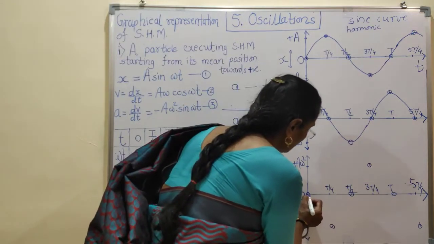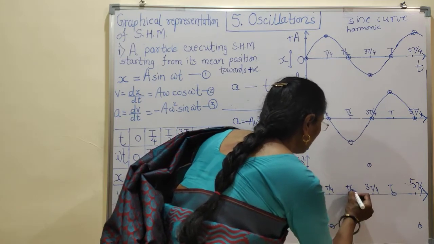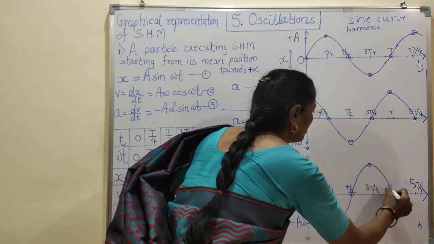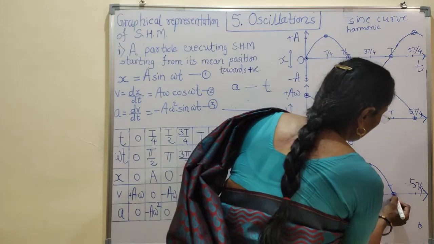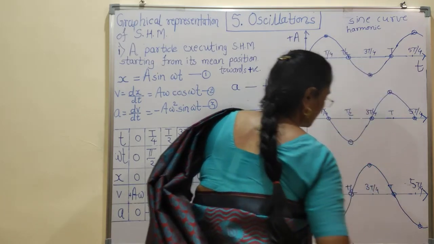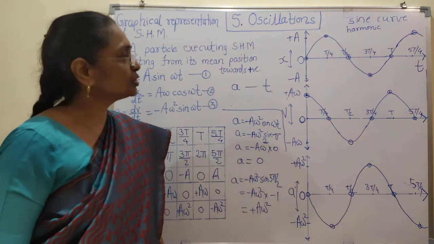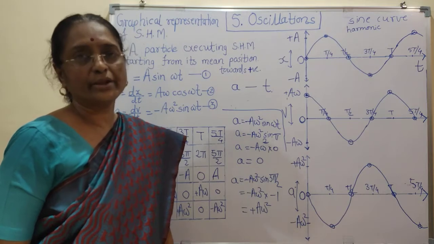Joining the points by a harmonic curve: while drawing, you have to show a curve, not triangular lines or straight lines. A curve must be shown instead of triangular lines.